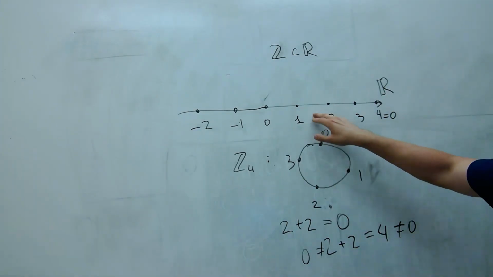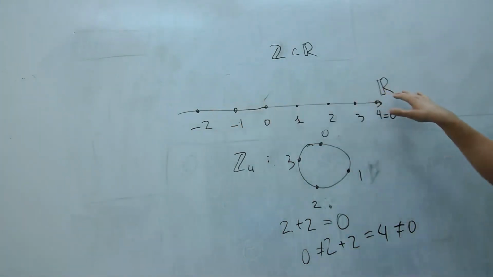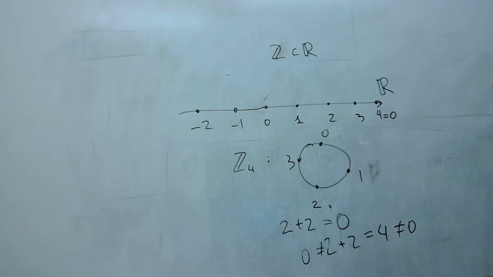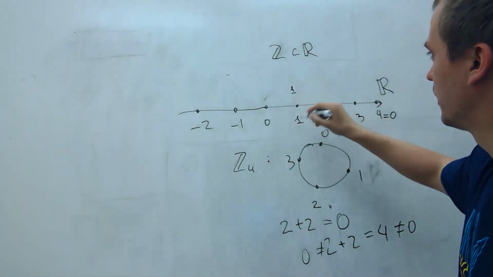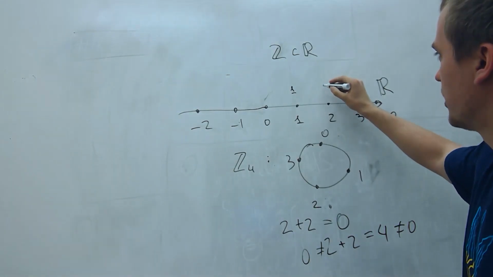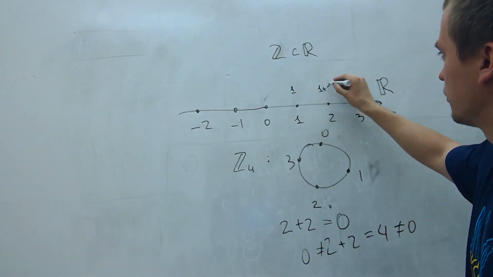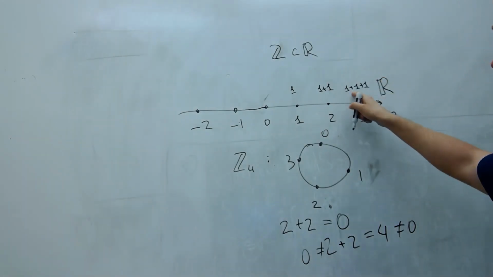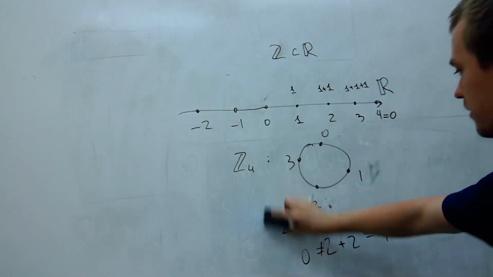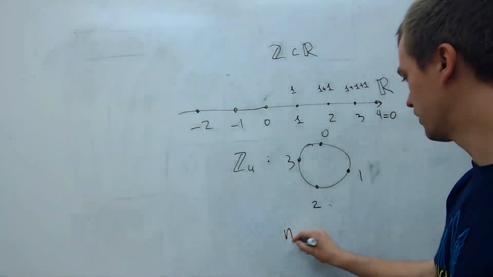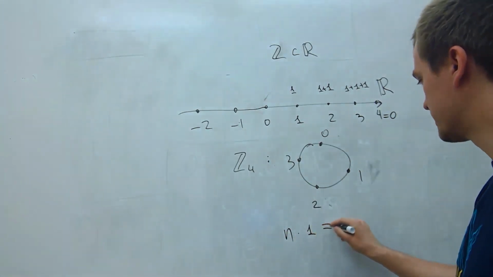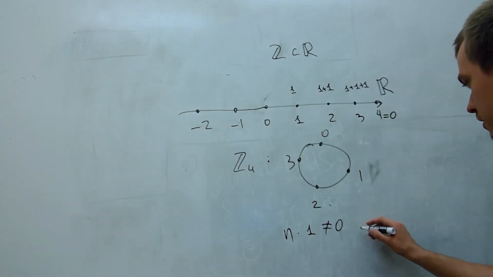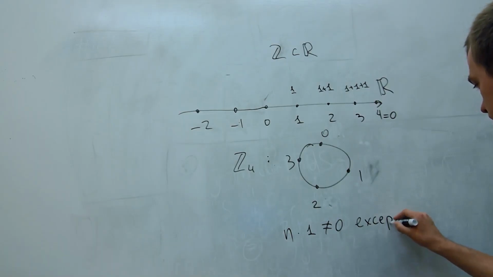So you can call this infinite arithmetic, and this is finite arithmetic, because here if you take the number 1 and add it two times, three times, and multiply n by 1, it is never going to be 0, except when n equals 0.